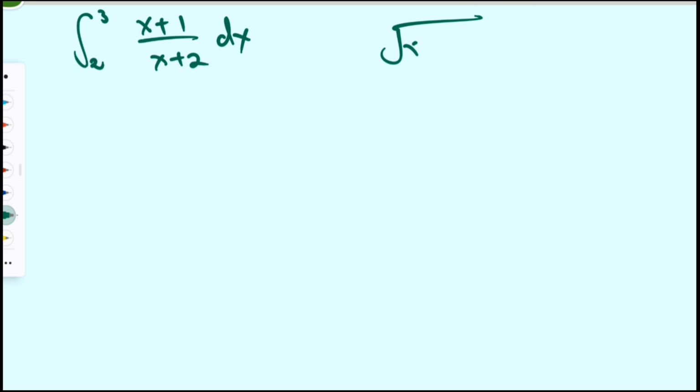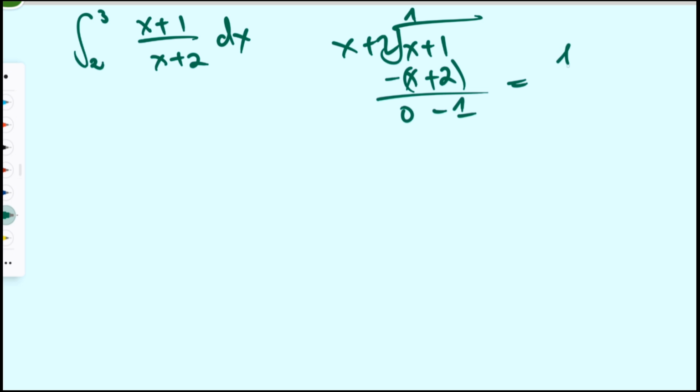We have to do x plus 1 divided by x plus 2 so that we can get into its partial fractions. x divided by x is 1. x times 1 is x, minus x plus 2 here. So x minus x is 0, 1 minus 2 is minus 1. So this can be rewritten as 1 and -1 over x plus 2.